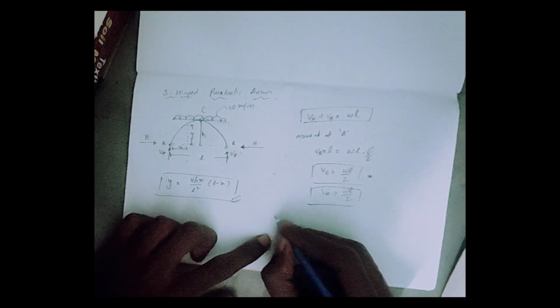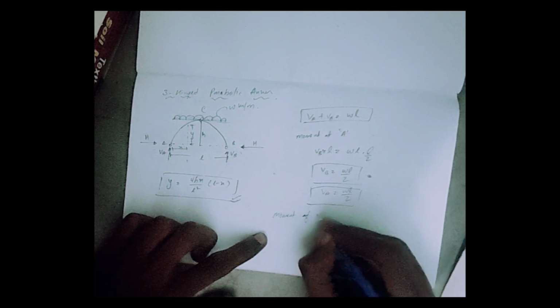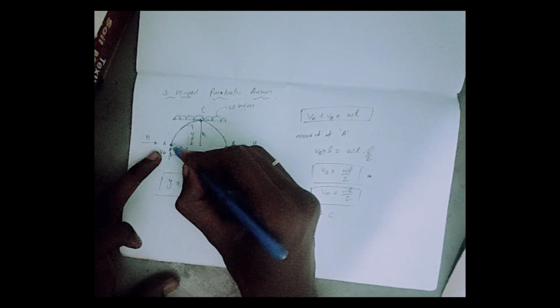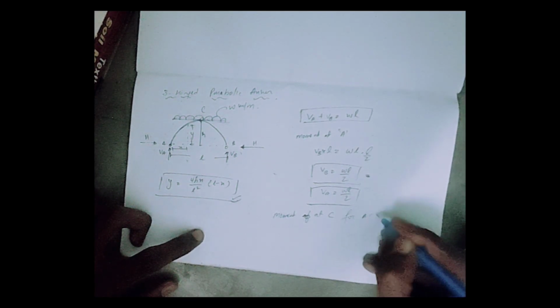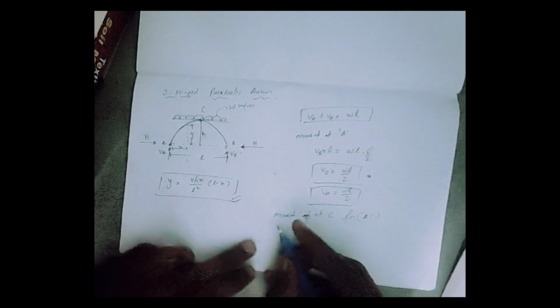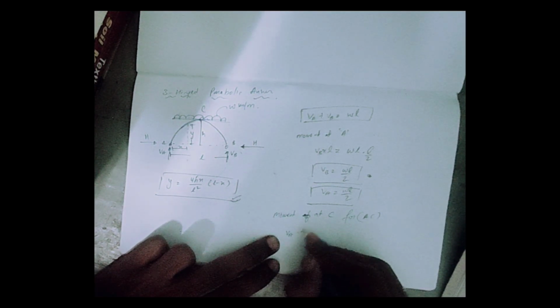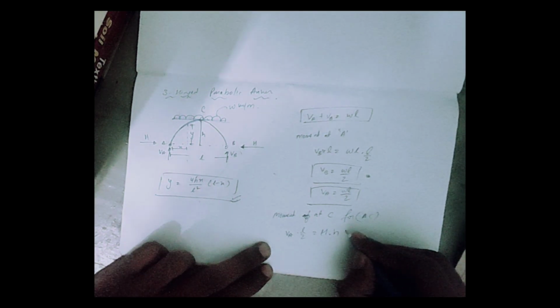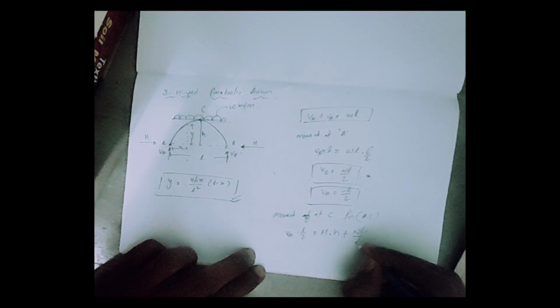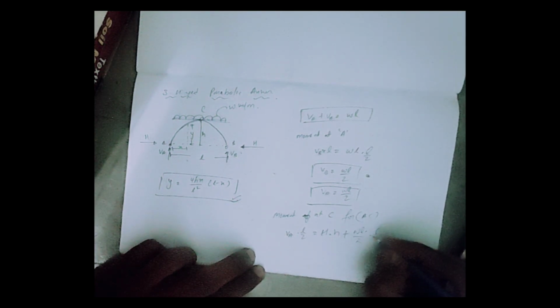So reaching that point, we take moment at C for the portion AC. If we consider that VA into L by 2 is equal to H into H plus WL by 2 into L by 4.